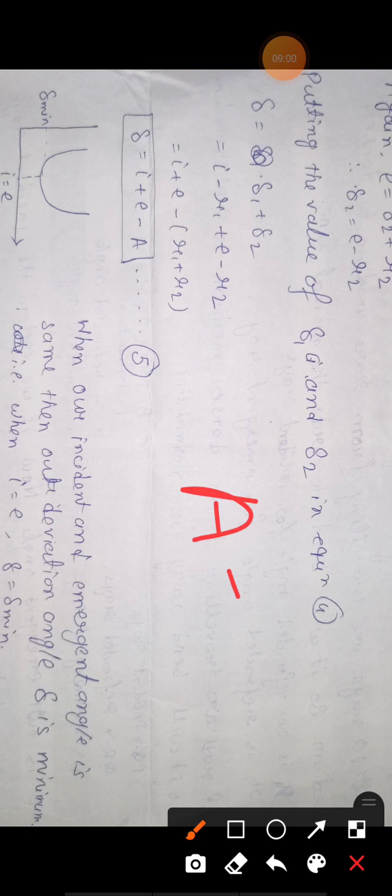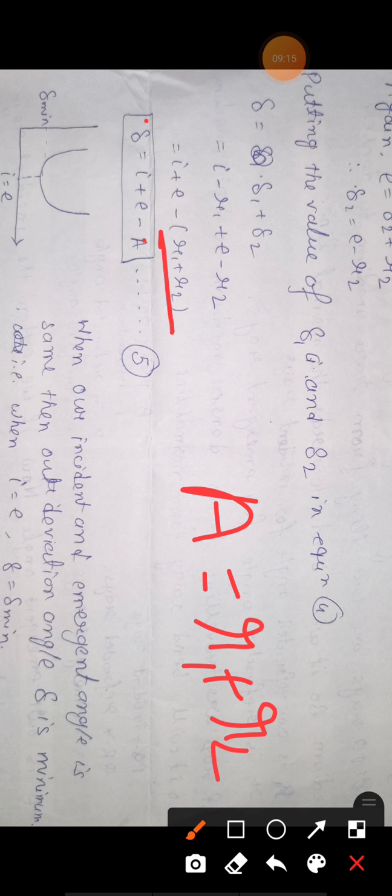So in place of R1 plus R2 you can write A. So our final equation is delta minimum deviation is equal to I, the incident angle, plus E, the emergent angle, minus A, the prism angle.